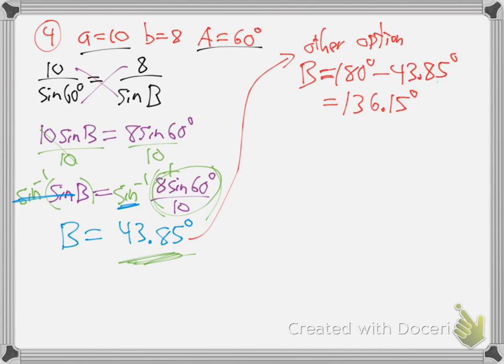This is why there's two possibilities for B. And that may or may not make two possible actual triangles. So now let's bring our mind back. Again, the calculators don't know what we're doing, but we know what we're doing. We've got a real life triangle, and we're putting angles and sides in a real life triangle. What's the total degrees in any triangle? 180. We can't ever go over that.